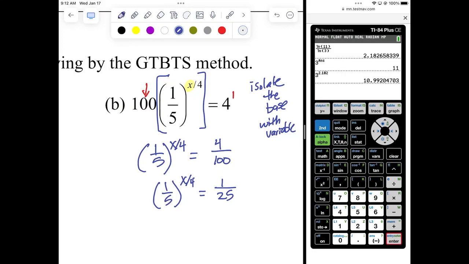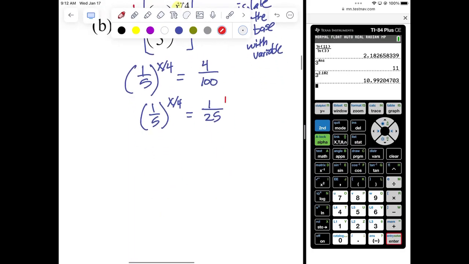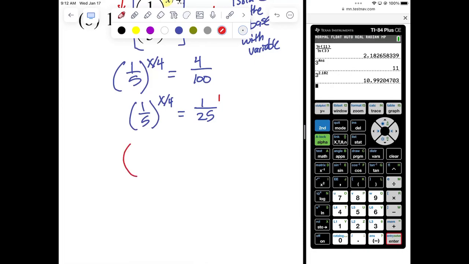Now I have a 1/5 base on the left, and on the right, since it's to the first power, I have a 1/25. Those are both powers of what? 5. Now you could write both sides as a power of 1/5 if you like, but most people don't like fractions, do they? So let's write them both as powers of 5. 1/5 is the same as 5 to the negative first power.